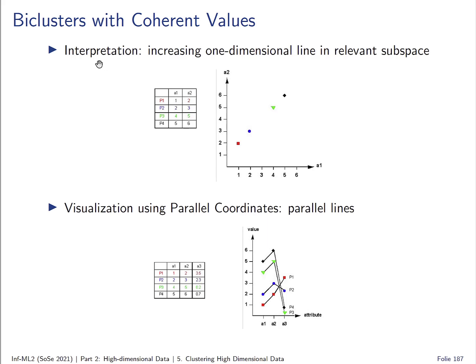So once again, if we project the whole thing down on the relevant attributes, it's now some line here. The points form an increasing line in the relevant subspace, if we sort them correspondingly.